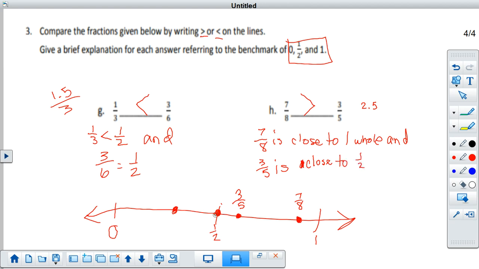It's bigger than 1/2, but really just knowing that it's close to this 1/2 point is enough reason for me to think that 7/8, close to a whole, is greater than 3/5, which is close to 1/2.